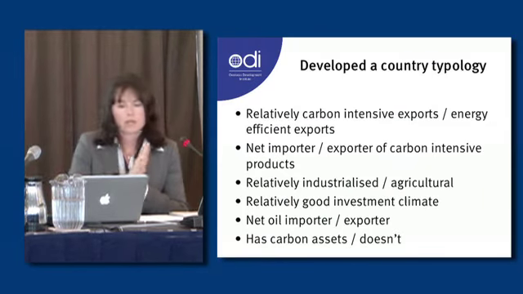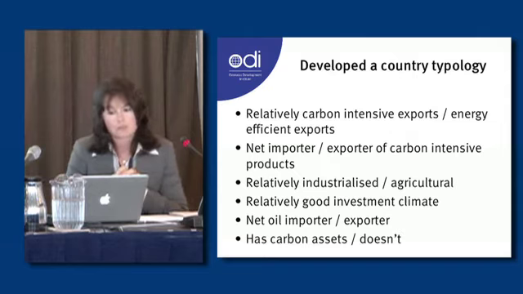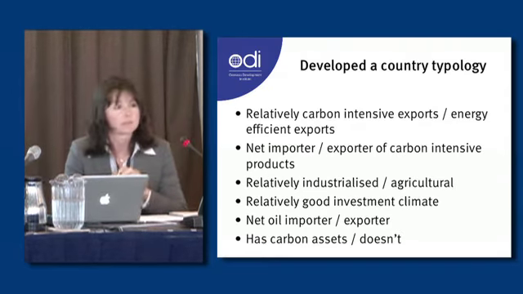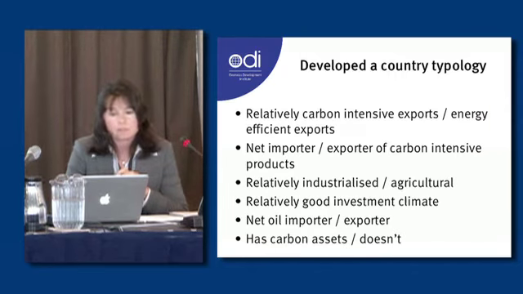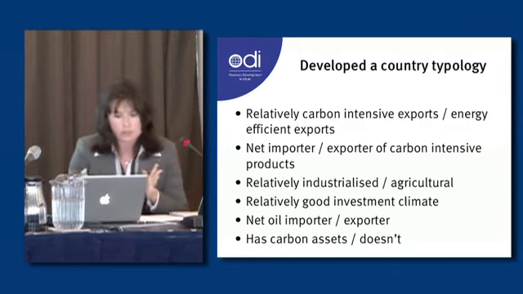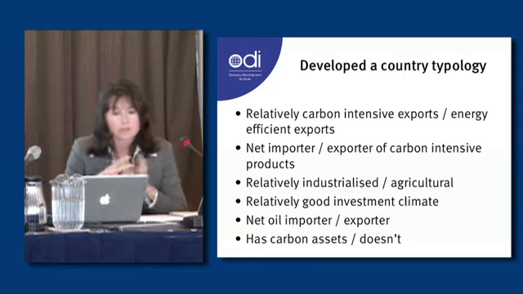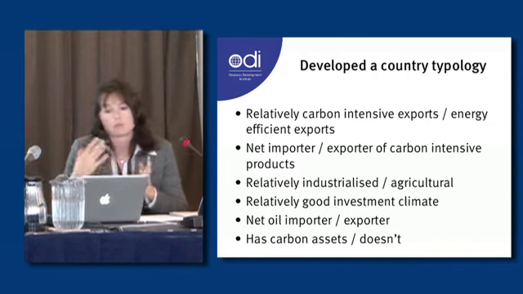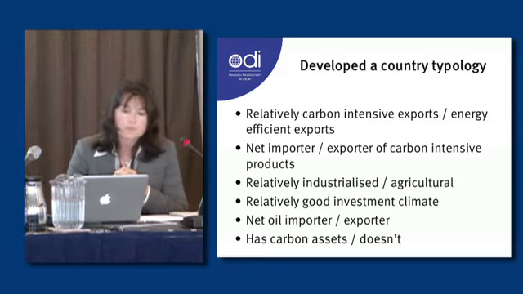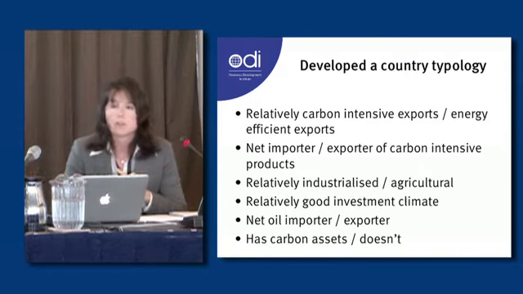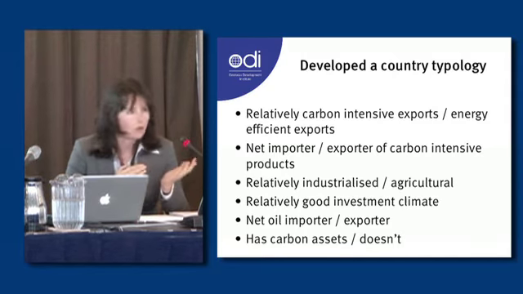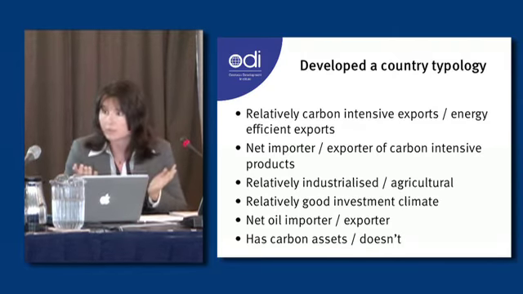What we did then was develop a typology of countries, because clearly this is going to have differential impacts on different types of countries. So we divided countries along a range of dimensions which are listed here: whether they are importers or exporters of carbon-intensive products, whether they are relatively carbon-intensive in production or relatively energy efficient, whether they're industrialised or agricultural, whether they have a good investment climate and institutional mechanisms or not, whether they're oil importers or exporters, whether they have carbon assets or don't.